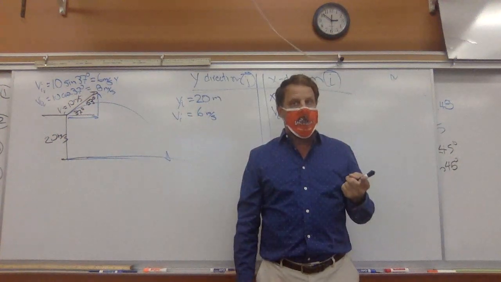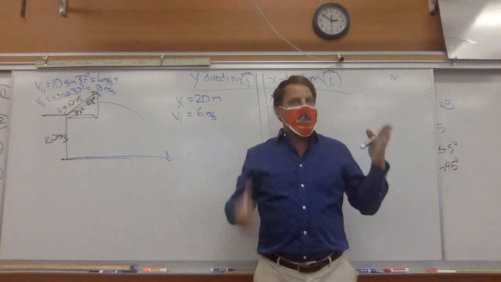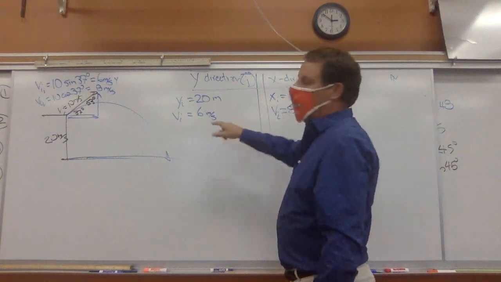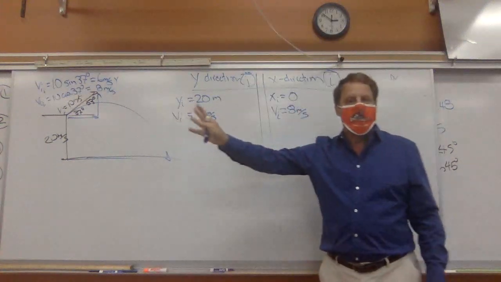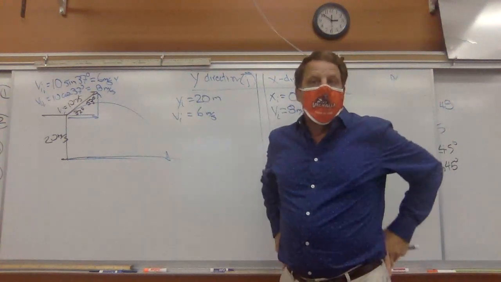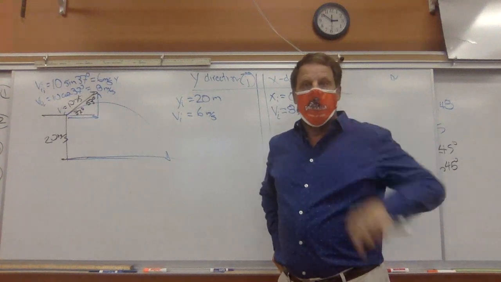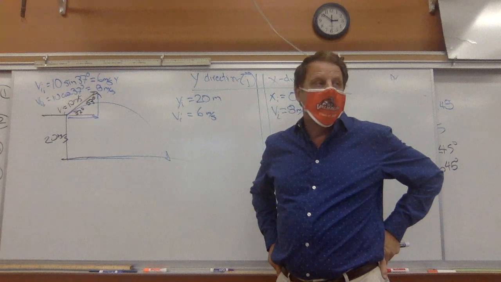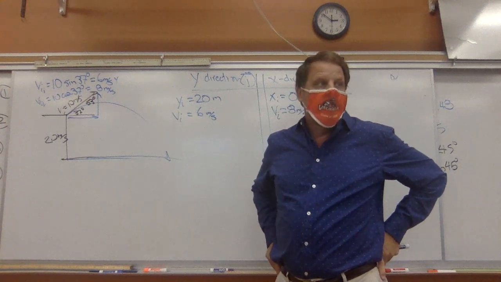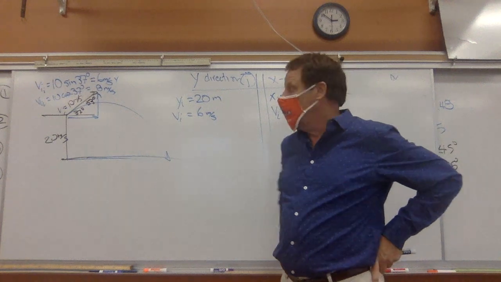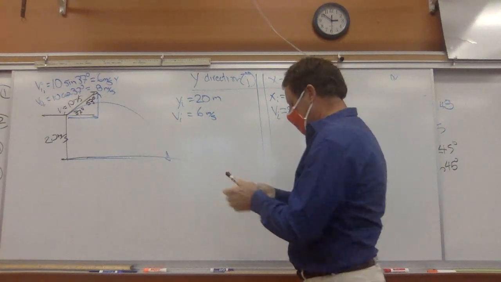So if you see 53 degrees or 37 degrees, you should be thinking in your head, hey, this is a 3, 4, 5 triangle. Usually when I do examples on the board, I'm going to use some of those triangles, like I did a minute ago when we used a 45, or 30, 60, 90, or a 5, 12, 13. So you will see me use those, and you'll see those in a lot of examples.